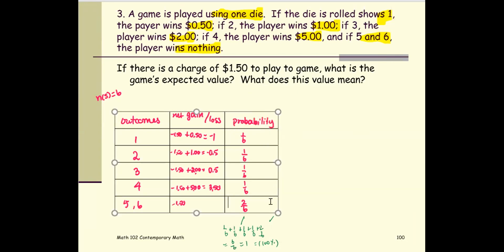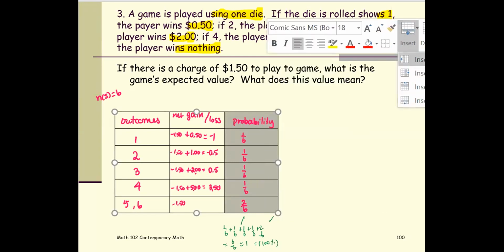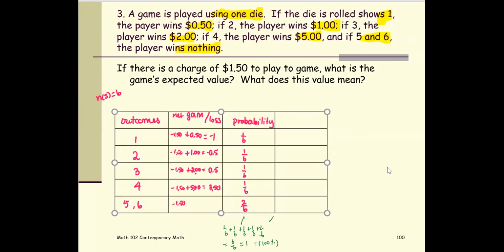Insert column to the right, and adjust it a little bit here. So the last column is going to be the column of the product of the net gain or loss.